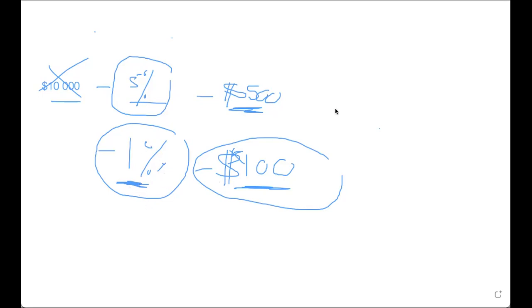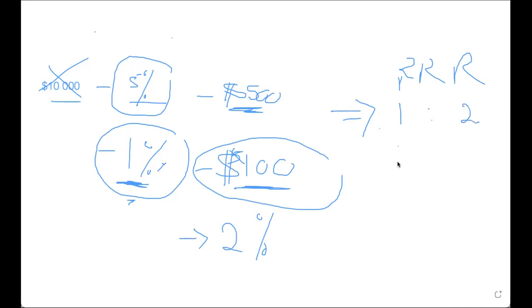This brings us to the risk to reward ratio. For every 1% you are risking, you should be targeting 2% or more. So in terms of risk to reward, that would be 1:2, 1:3, 1:4, 1:5, up to infinity.